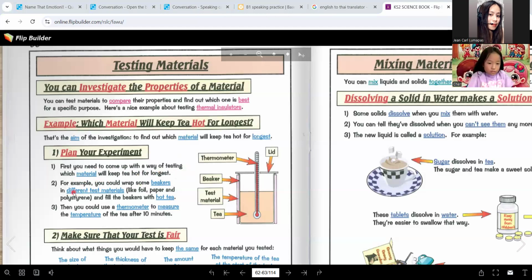For example, you could wrap some beakers in different test materials like paper and polystyrene. Polystyrene. Good. And what will you do?